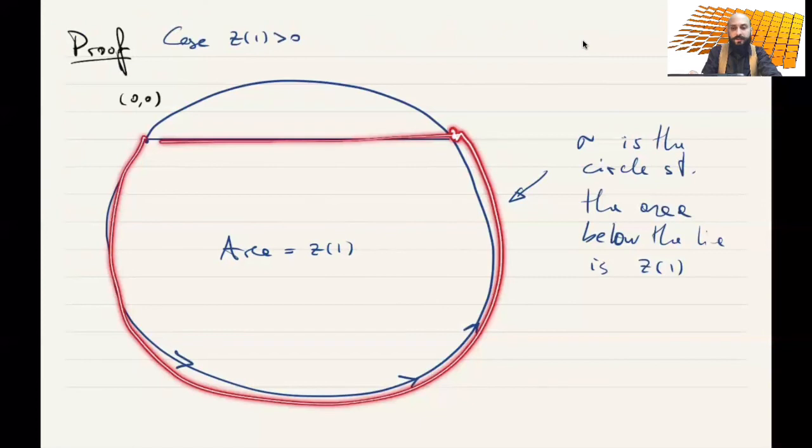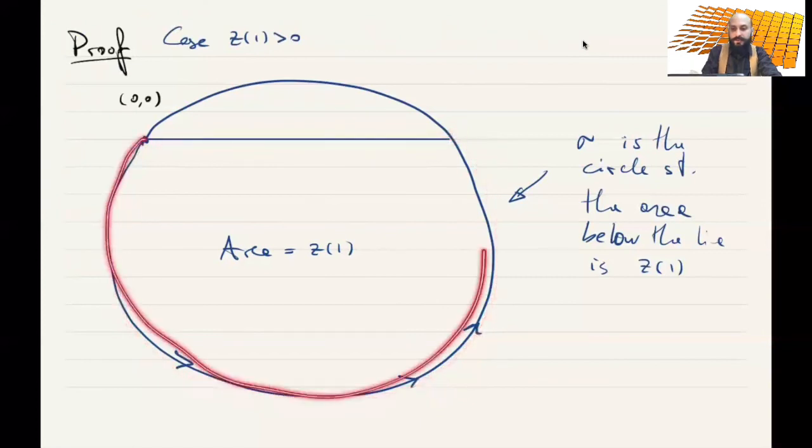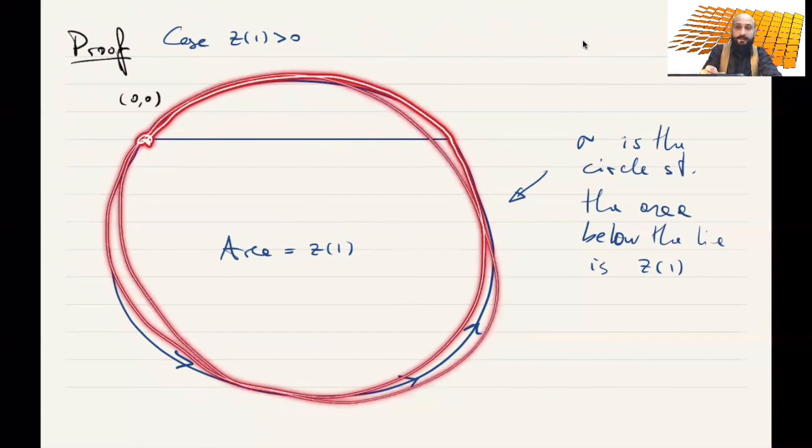I really want to prove that this is the shortest curve. So I complete this curve to a circle. Now what do I know? I know that this circle is one of the best curves that encloses that given area.